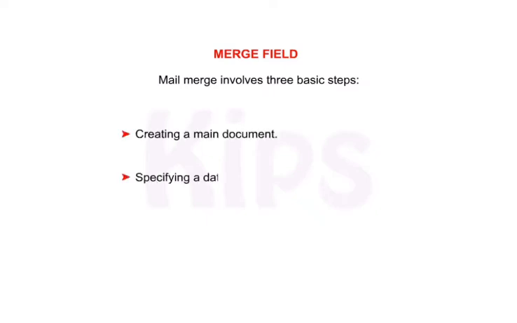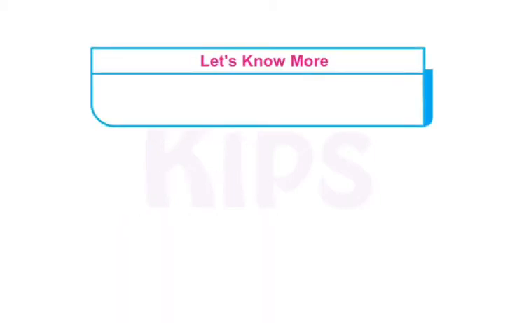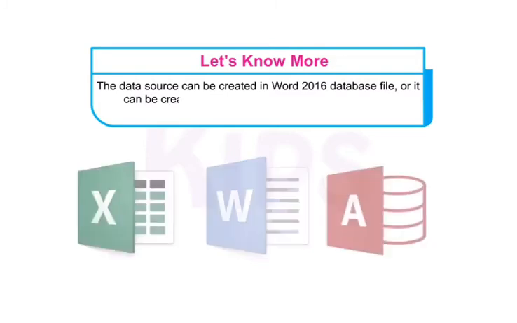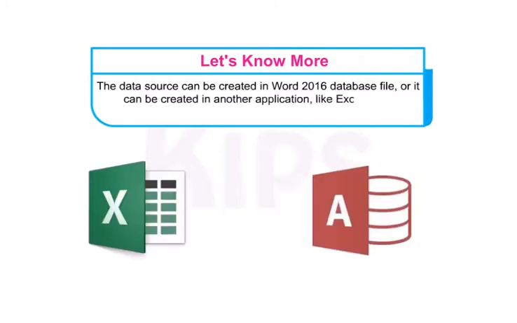Mail merge involves three basic steps: creating a main document, specifying a data source, and merging the data source with the main document. Students, let us know more. The data source can be created as a Word 2016 database file, or it can be created in another application like Excel 2016 or Access 2016.